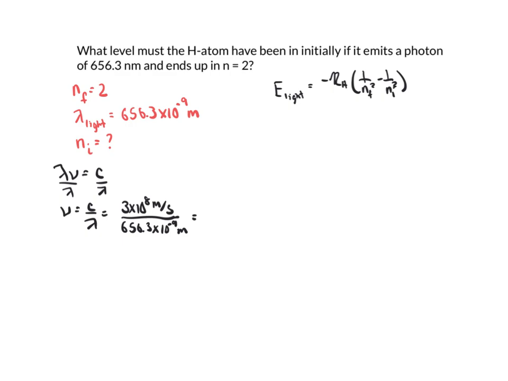So 3e8 divided by 656.3e-9. And so my frequency is 4.57 times 10 to the 14th hertz, or per second. Notice that my meters have divided out and I have units of per second, and a per second is a hertz.